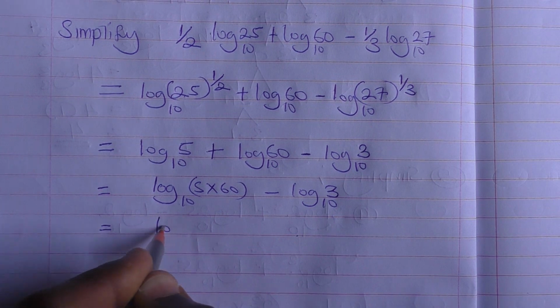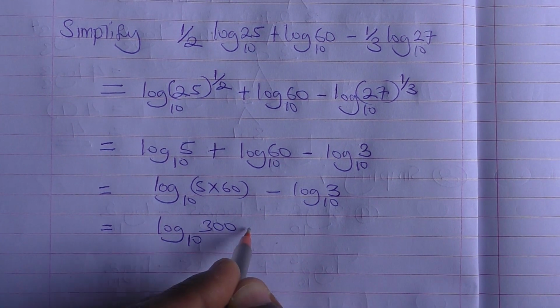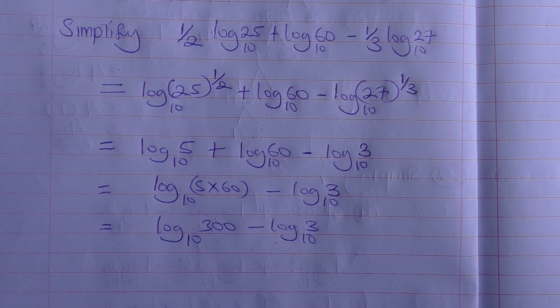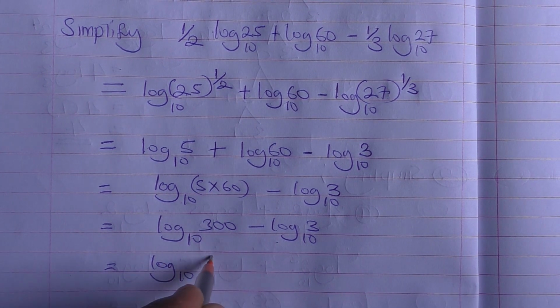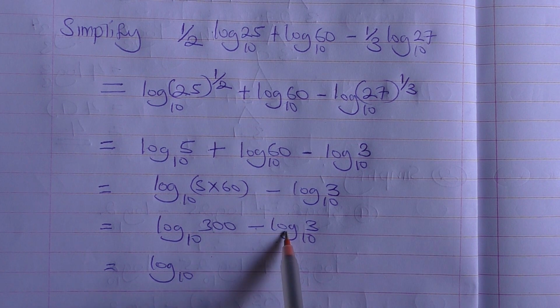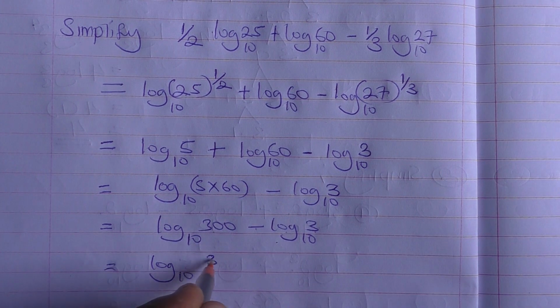This gives us log 10 300 minus log 10 3, and since we are subtracting logarithms, we shall divide the powers. That is 300 over 3.